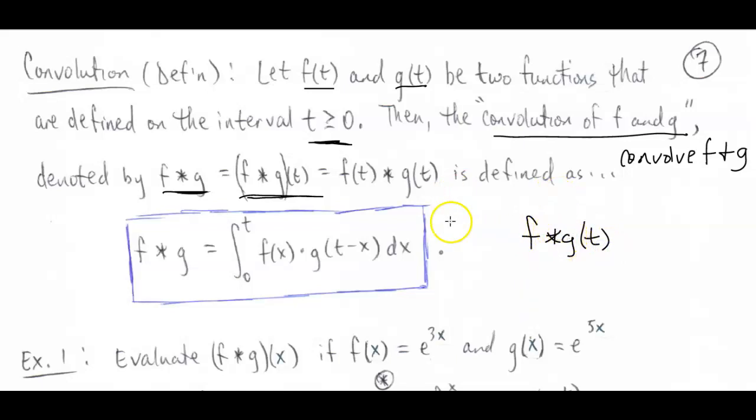I personally don't like this notation, only because whenever you look at it this way, it doesn't let you know, well, if g is defined in terms of t, what is f defined in terms of, okay? And so even though it's written like this, they really mean this, okay?